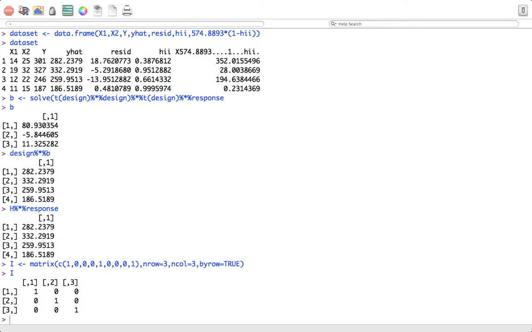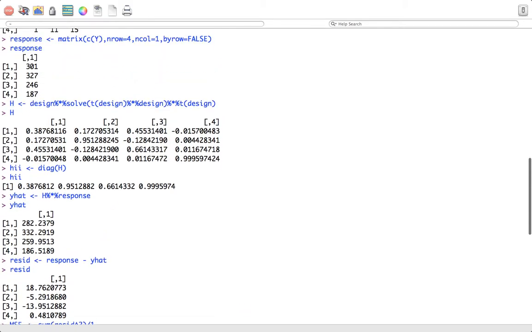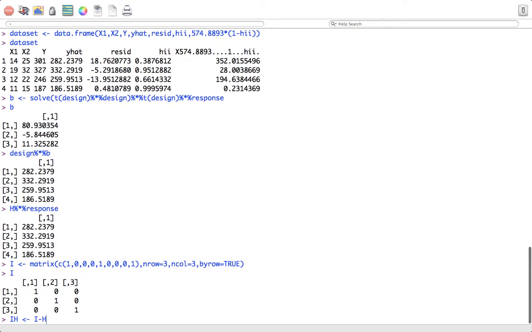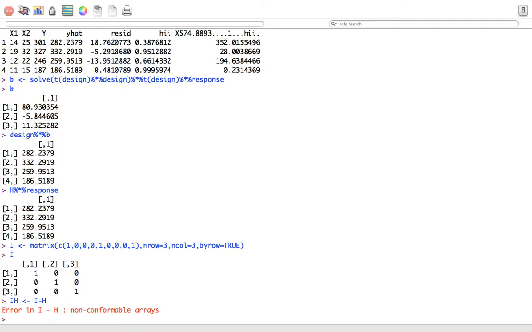All right, cool. Now, next thing I want to do is create I minus H. So I'm just going to call this I minus H, or the IH, I guess. So if I go I minus H, I keep forgetting that's what I call my hat matrix, right? Yeah. Okay, non-conformable.